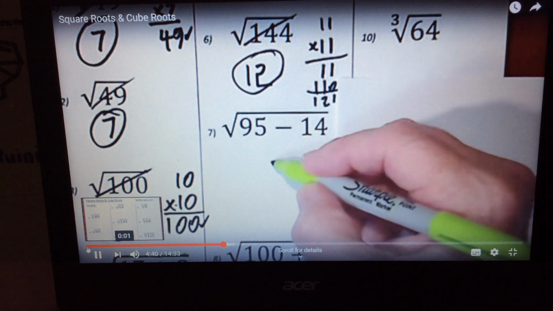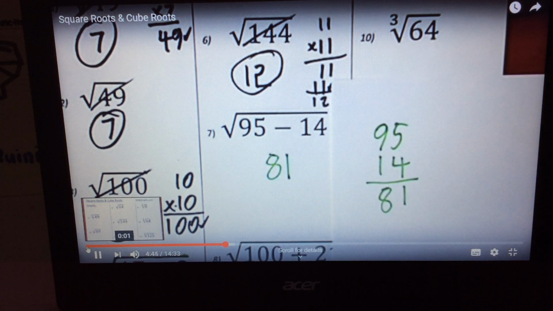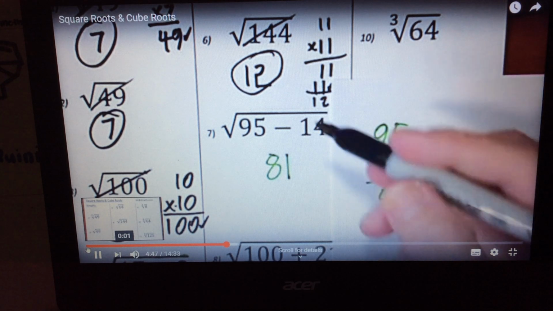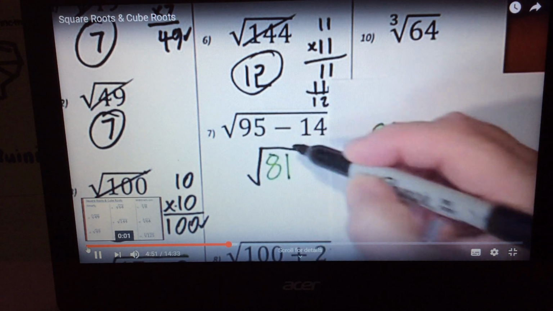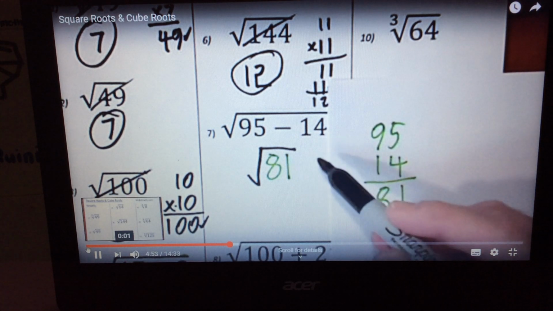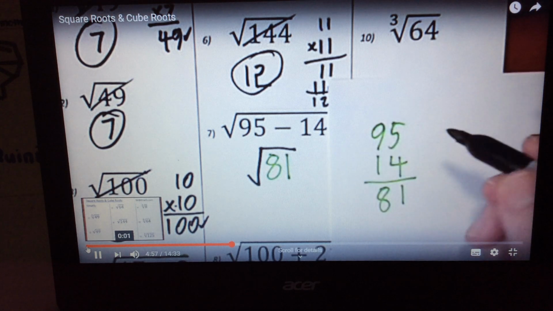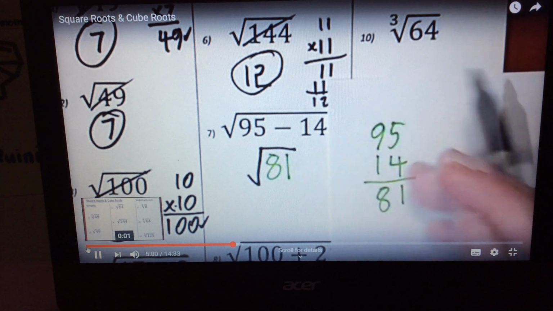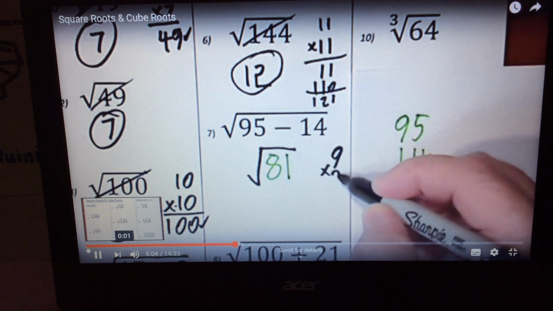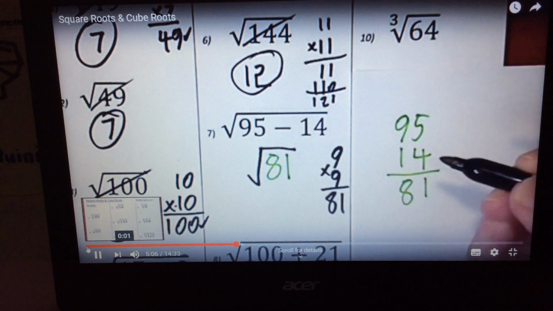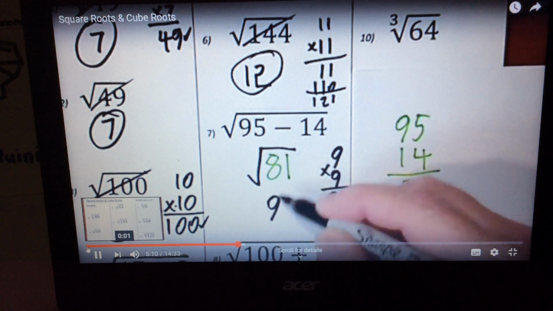I put that result here, and then I bring down the radical symbol, because I have not used that yet. Now I take the square root. The square root of 81 is 9, because 9 times 9 gives us 81.